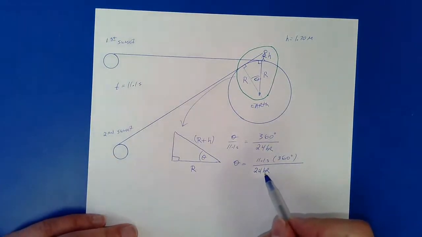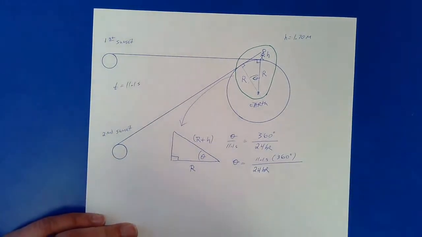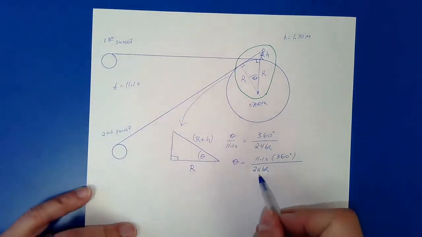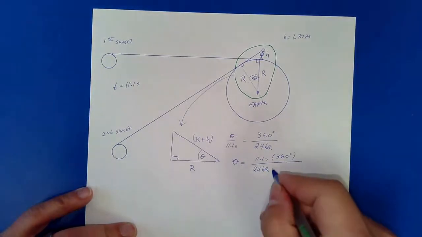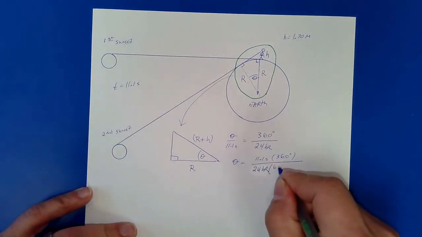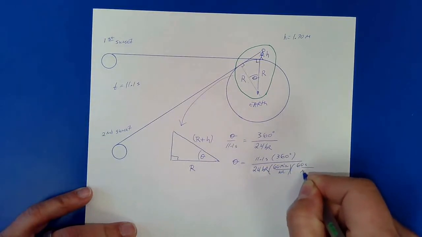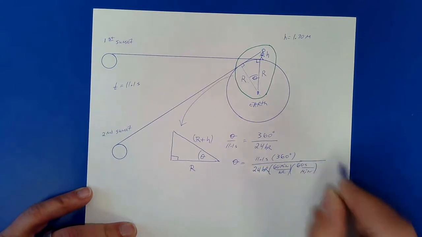We have hours in the denominator and seconds in the numerator, so those units are not going to cancel out. I need to convert one or the other, so I'm going to convert hours to seconds. There are 60 minutes in an hour and 60 seconds in a minute.